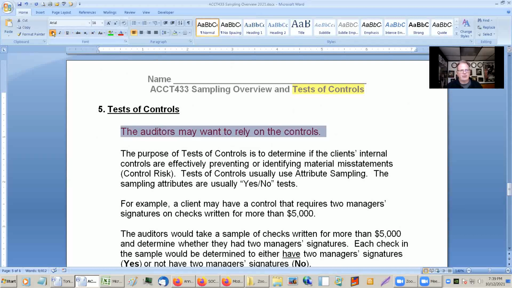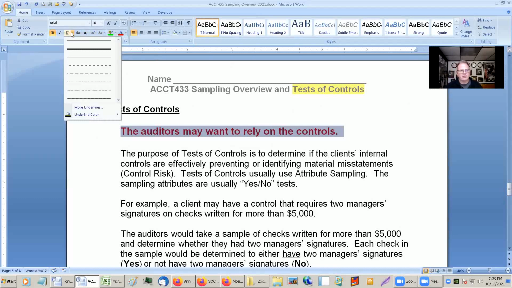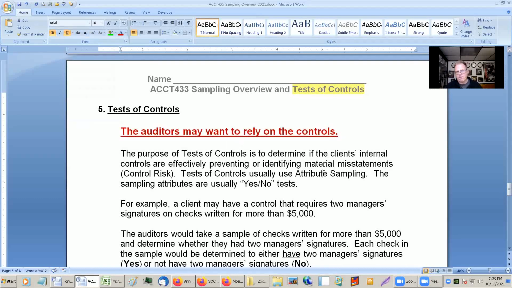And you might want to be able to rely on the control for a couple of reasons. First of all, it might be cheaper to test the controls, see if the controls are working, then reduce the amount of substantive testing.